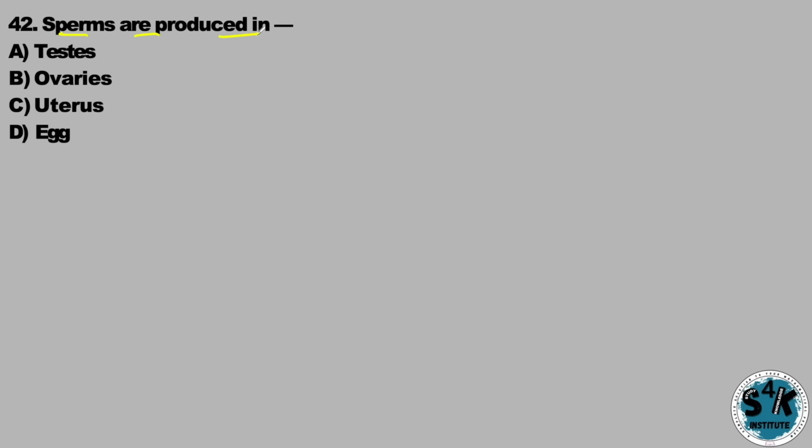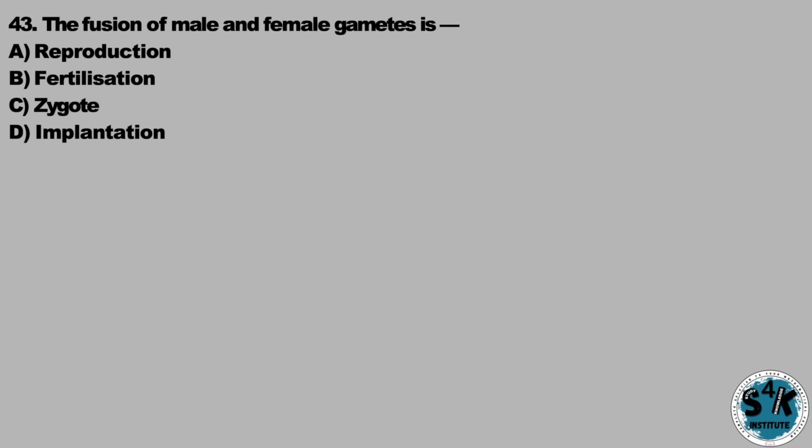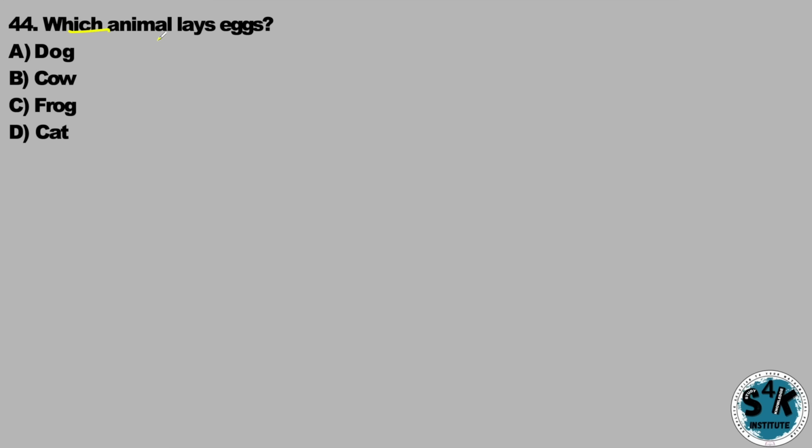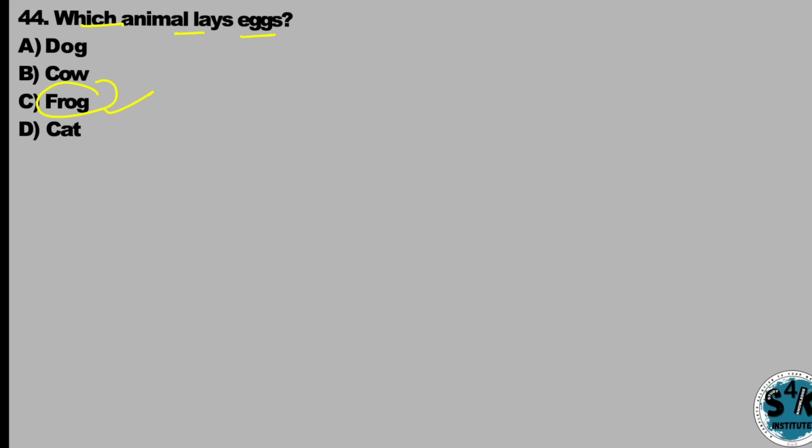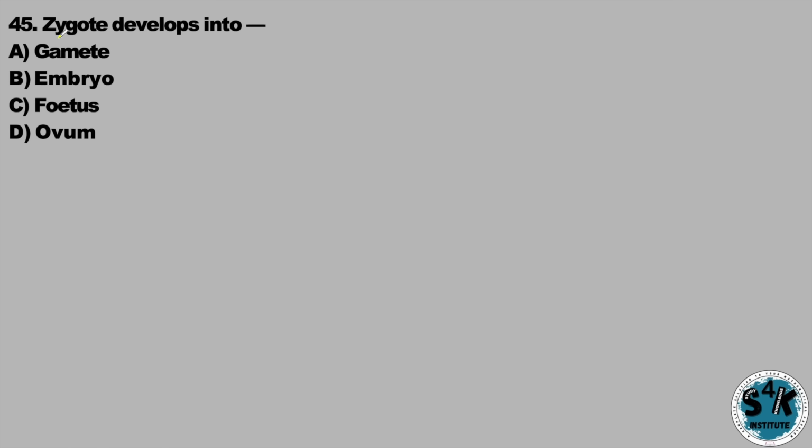Sperms are produced in testes. The fusion of male and female gametes, we call this fertilization. Which animal lays eggs? It is frog. Zygote develops into embryo.